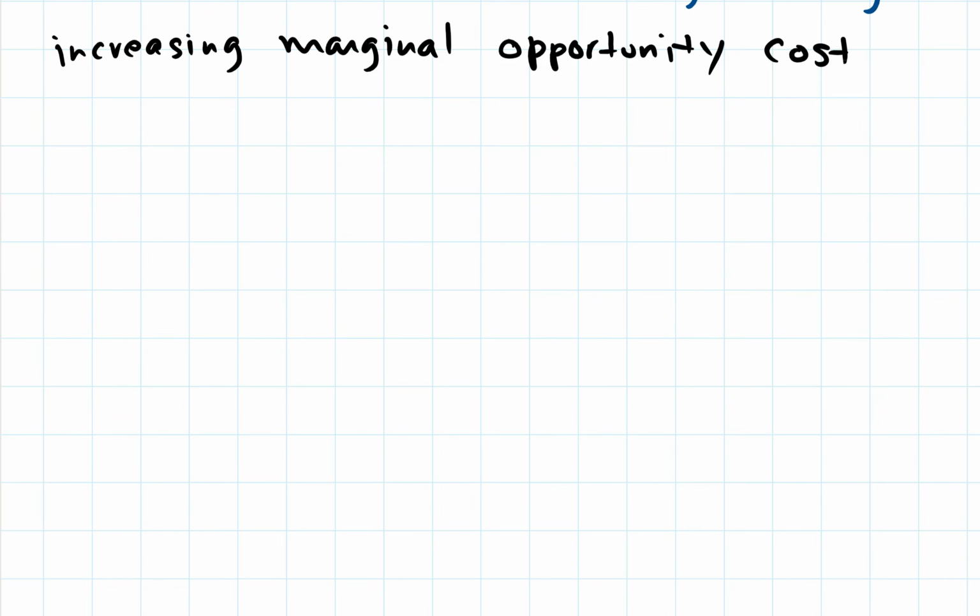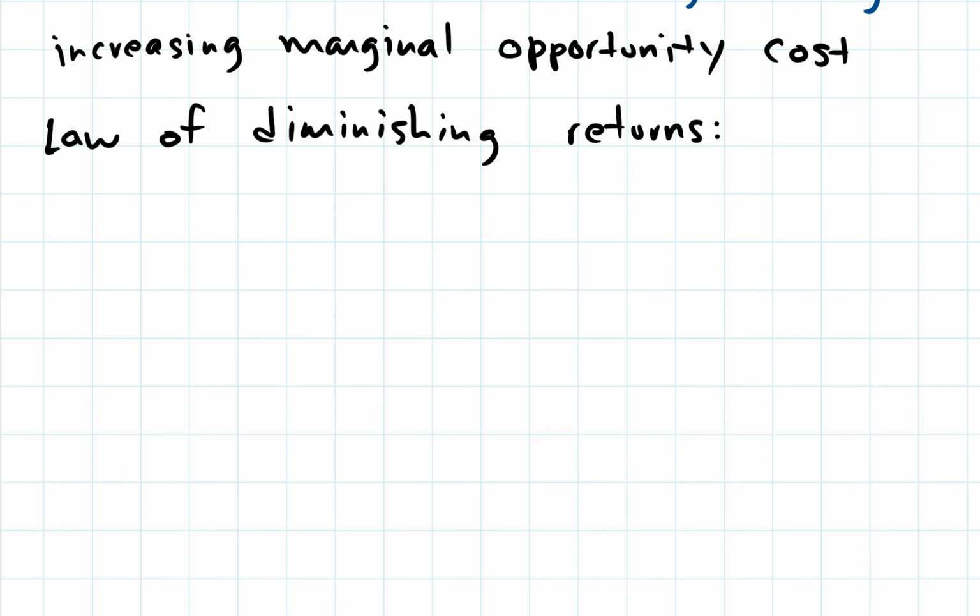And so this kind of illustrates a more general economic concept, and this is a concept often known as the law of diminishing returns. Okay, and so this is closely related, although the law of diminishing returns is a little wider than what we're talking about.